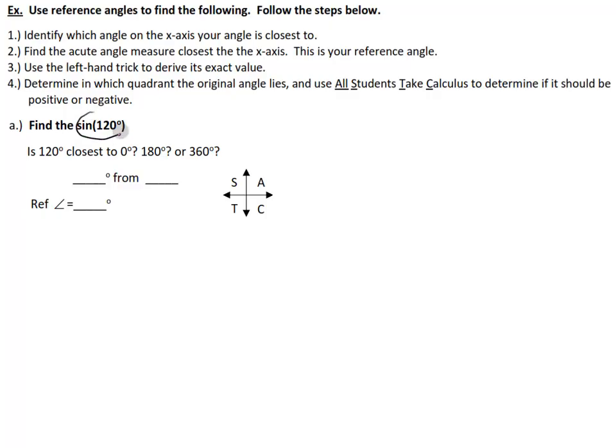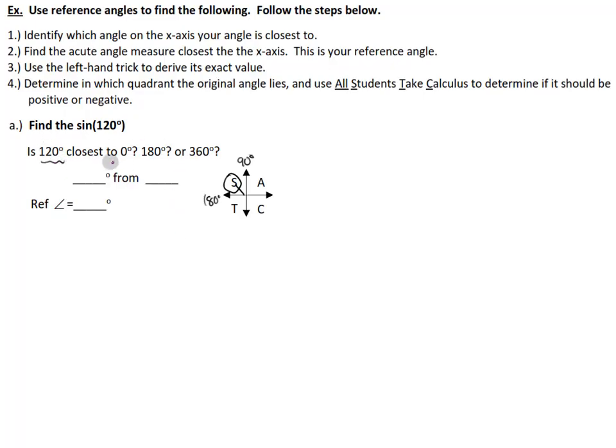Find the sine of 120 degrees without using the full unit circle. So sine of 120 degrees. First thing I have to figure out is which quadrant we'd be in. 120 degrees is past 90. Remember, this would be 90, this would be 180. So we're between those, in quadrant 2.